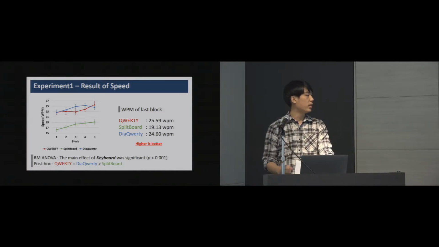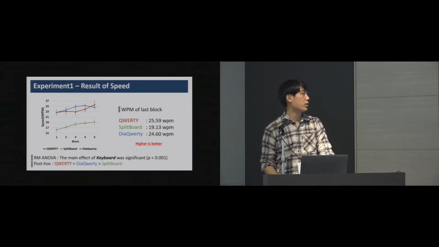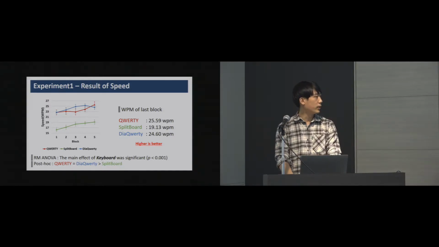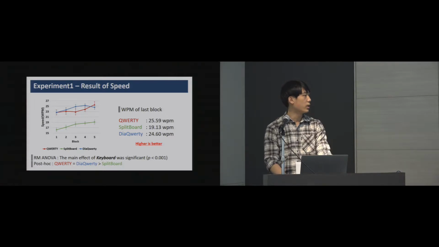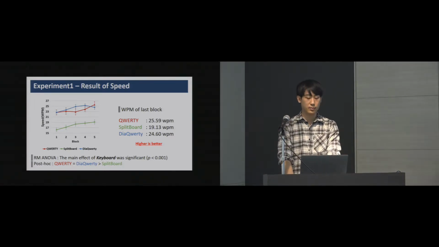The result of repeated measures ANOVA showed that the main effect of keyboard was significant. And the result of post-hoc tests showed that QWERTY and DiaQwerty were significantly faster than SplitBoard, and the difference between QWERTY and DiaQwerty was not significant.